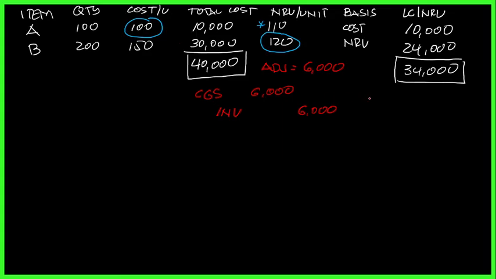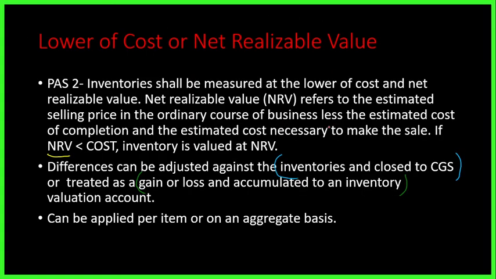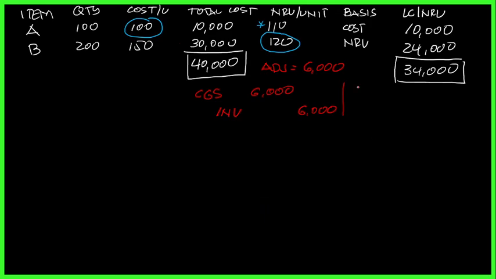Okay, so another approach here, as we said earlier, is you can use gain or loss and then record accumulated gain or loss, or unrealized gain or loss, or sometimes we just use accumulated adjustment on inventory, which is a valuation account. So how do you do that?